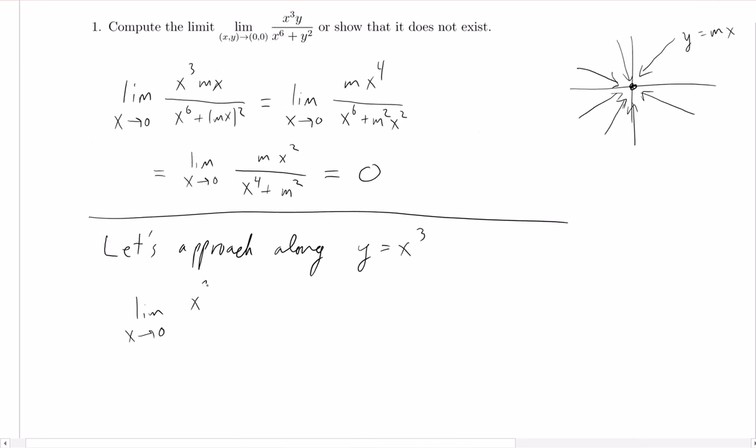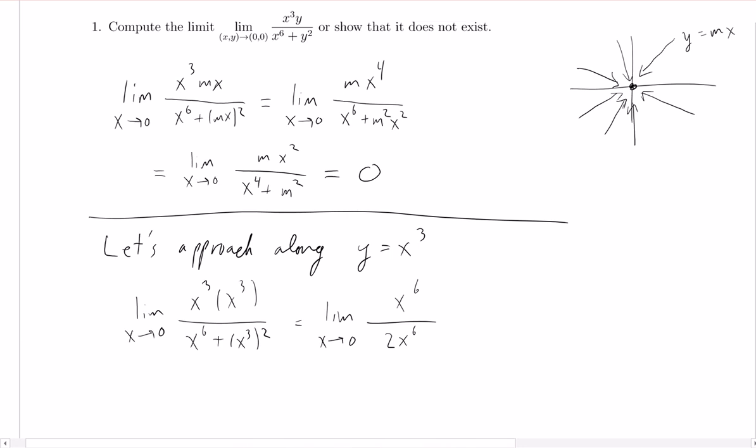And let's substitute. x cubed times, and y is also x cubed, over x to the 6th plus y, which is x cubed, squared. And let's simplify. x cubed times x cubed is x to the 6th, and x cubed squared is x to the 6th, so we get 2x to the 6th. And now here's where the magic happens.